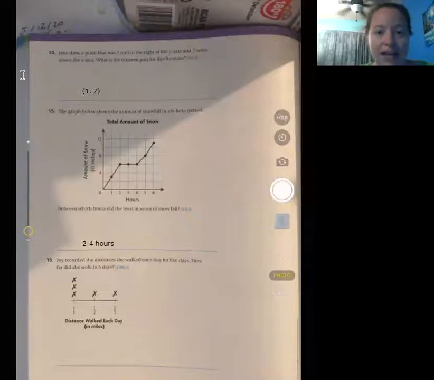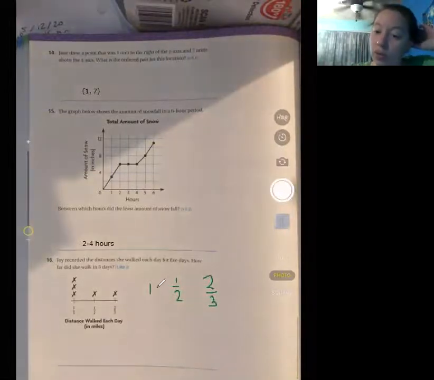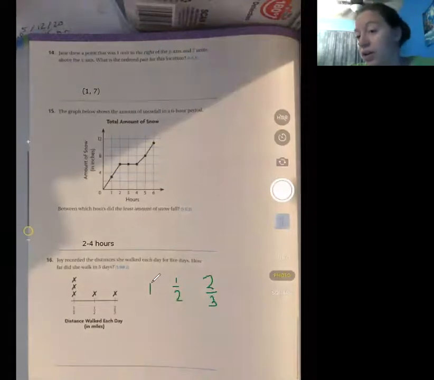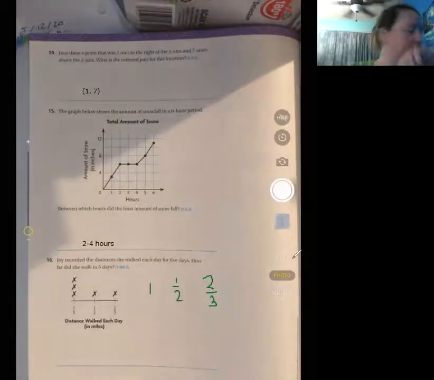So we have 1 plus 1/2 plus 2/3. We don't need to worry too much about the 1. The 1 is fine the way that it currently is. We do need to change these so that they are different.